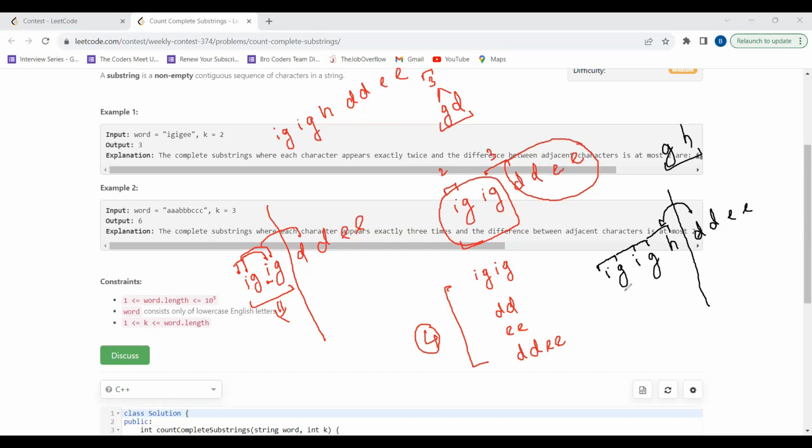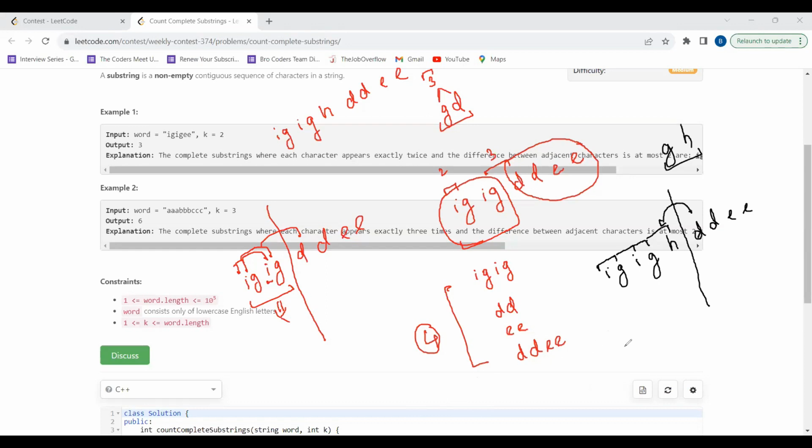If we are getting a difference of more than 2, we are just separating them out, so that in a substring no two adjacent characters have a difference of more than 2. This part is clear. Okay, now we'll move to the next part, which is again very crucial.